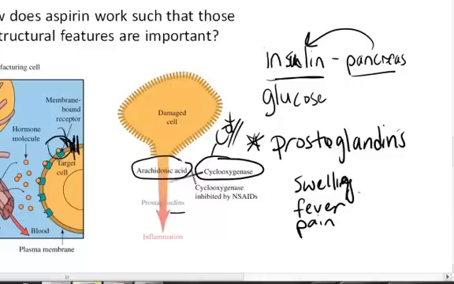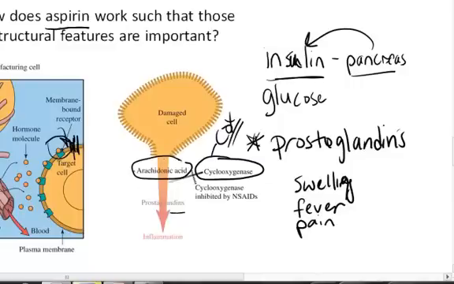Alrighty. So anyway, why am I talking about all this? Because aspirin, how does aspirin work? The way aspirin works is it actually binds to the active site of some of these cyclooxygenase enzymes. And if it binds to the active site is where arachidonic acid should be binding.